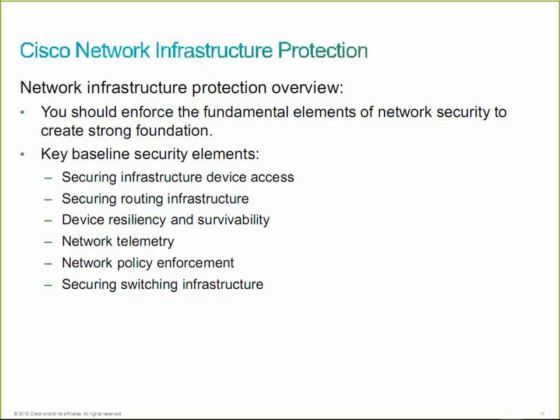We have to protect the management plane by specifying or focusing our security infrastructure's device access requirements. The control plane protocols need to be secured, being our routing protocols and whatnot. And we need to secure our routing and switching infrastructure to protect the control plane of our network devices. The data plane needs to have some sort of security enforcement for network access policies and secure switching and so on. And that's what this whole chapter is really all about.